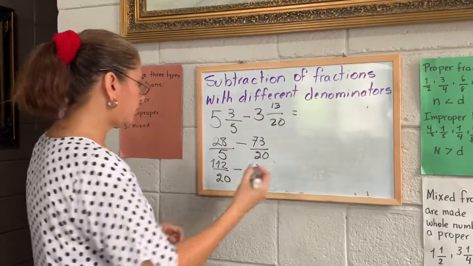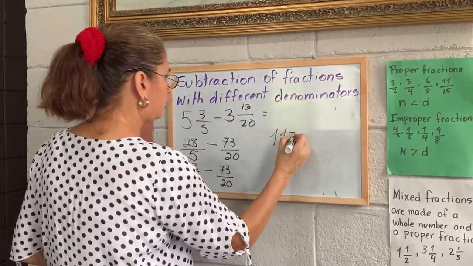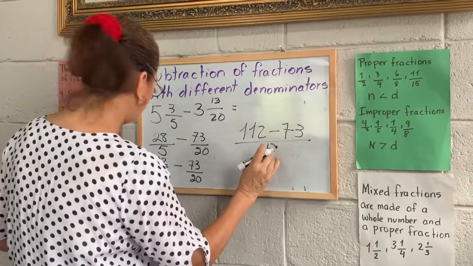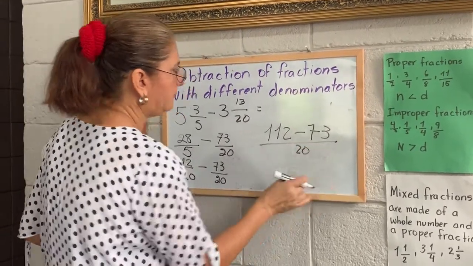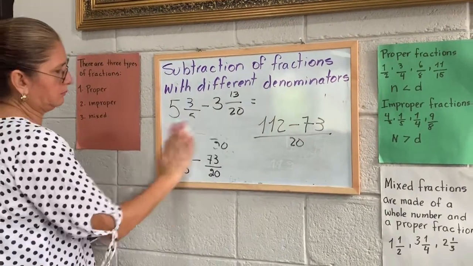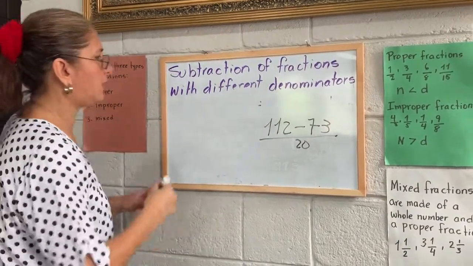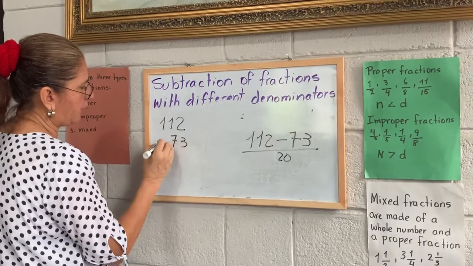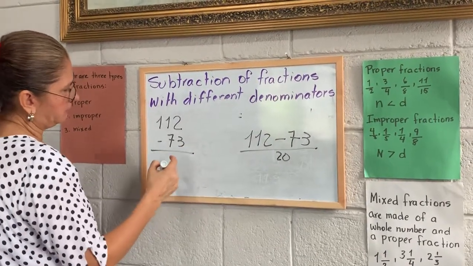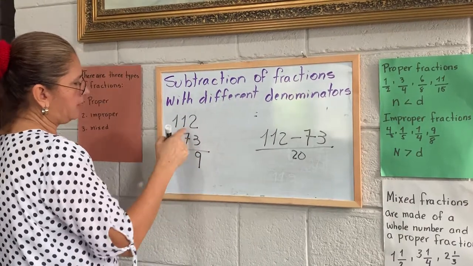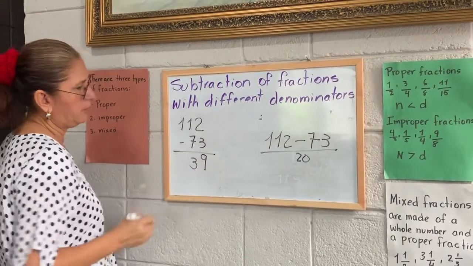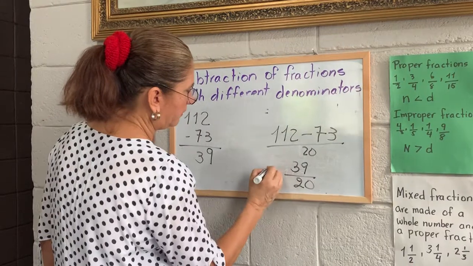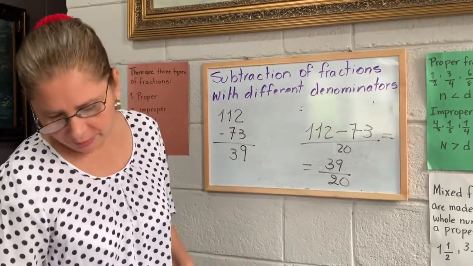In this case, I'm going to subtract 112 minus 73 and keep the same denominator. 12 minus 3 is 9. 10 minus 7 is 3. So the answer is 39 over 20.